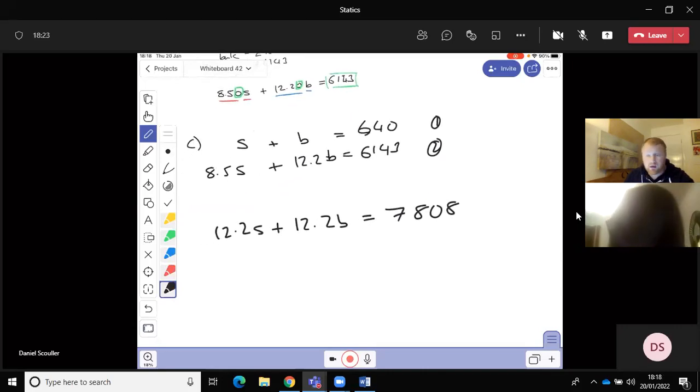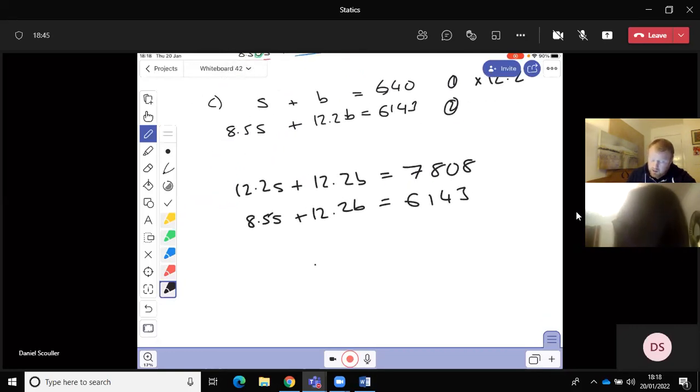That first line that we've multiplied by 12.2 becomes 7808. That allows us to make it the same number as below, so we don't need to do anything now to that second equation. We don't need to multiply it by anything.